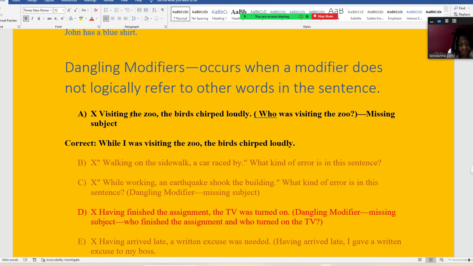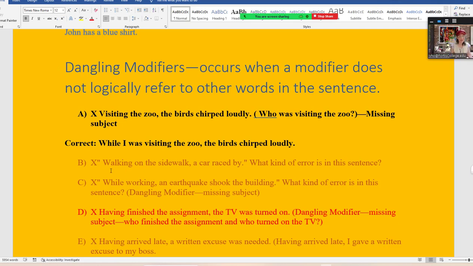No. So here you're missing your subject. Who's visiting the zoo? So correct: while I was visiting the zoo, the birds chirped loudly. So dangling modifier means that you have a modifier, but you don't have anything to modify. You're leaving the reader dangling, basically.